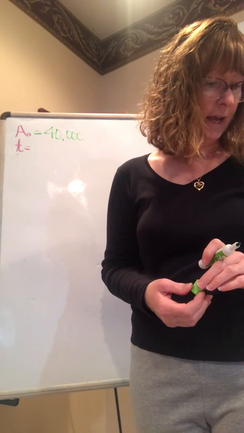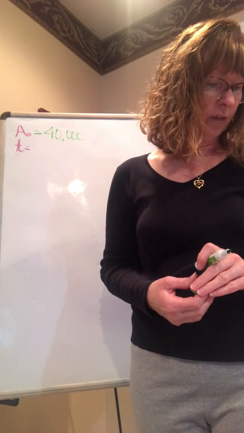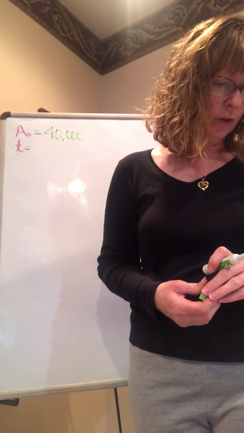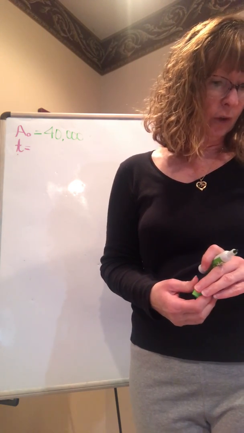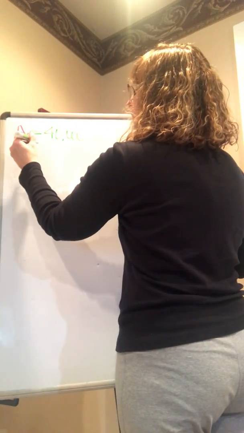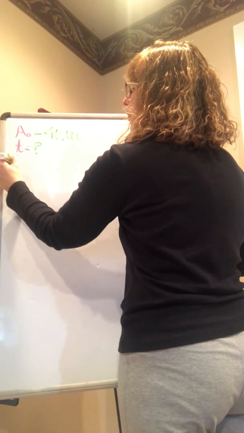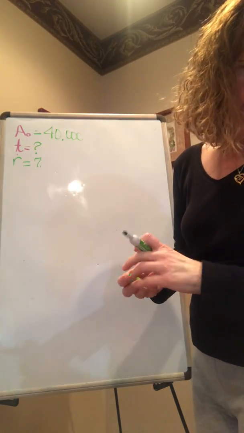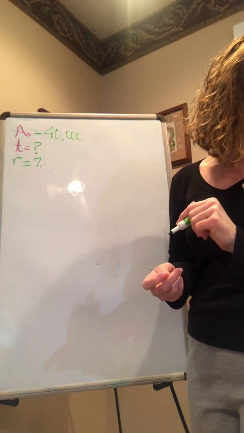How long will it take to the nearest tenth of a year for a fund to reach $100,000 if they are growing at a yearly growth rate of 7.65%? So the time, I don't know. The rate is 7.65%.